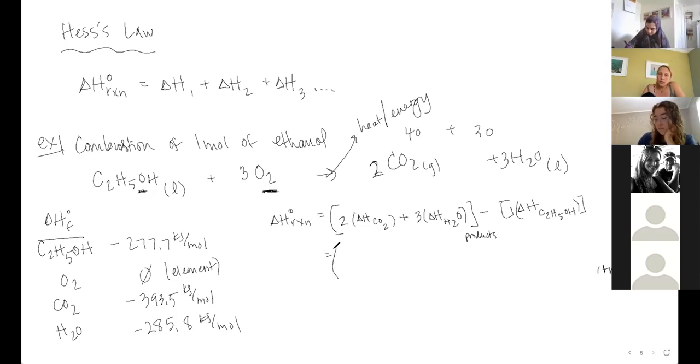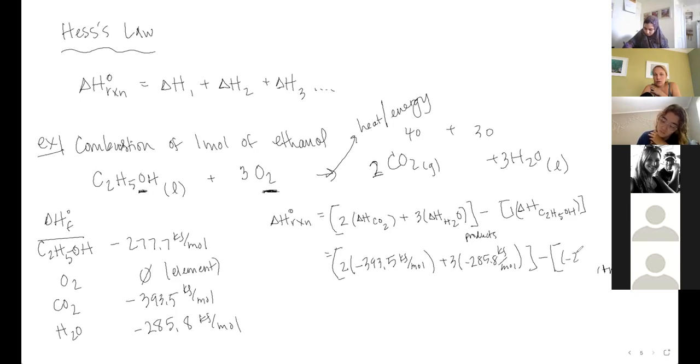So this equation becomes 2 times, for carbon dioxide, we have negative 393.5 kilojoules per mole, but this is 2 moles, so that'll cancel out, plus 3 times the formation of my water, negative 285.8 kilojoules per mole, and then minus one mole of negative 277.7 kilojoules per mole.